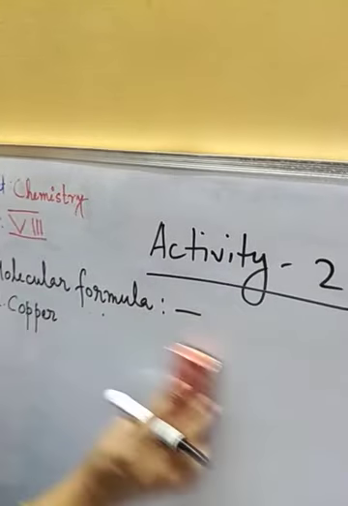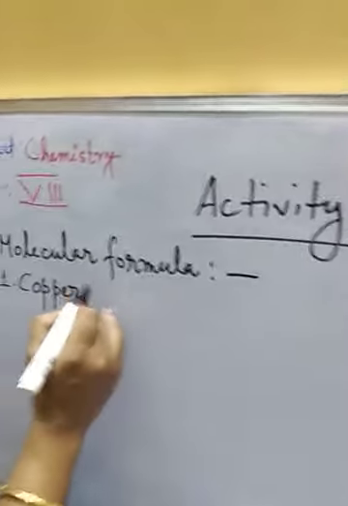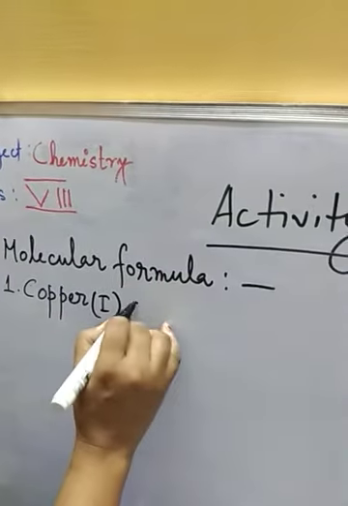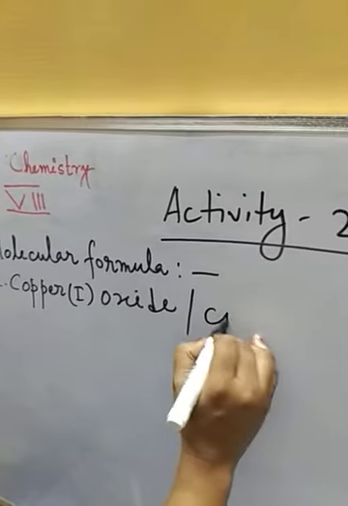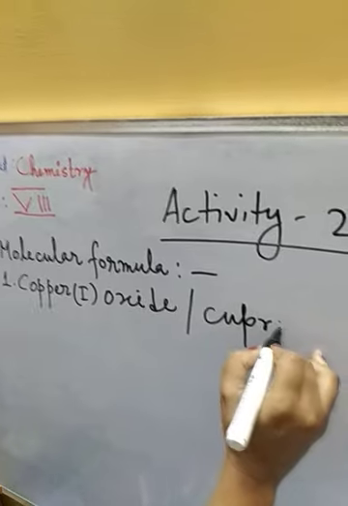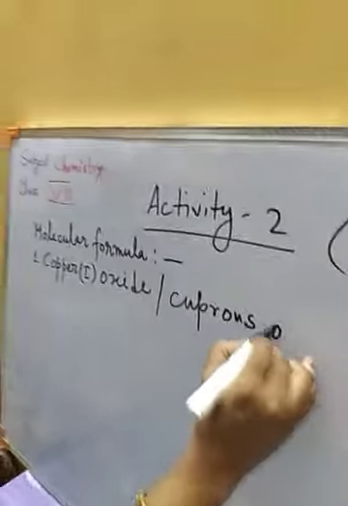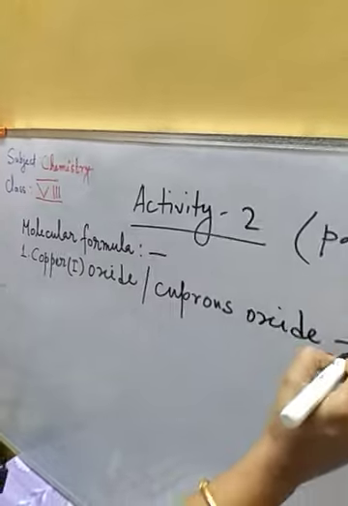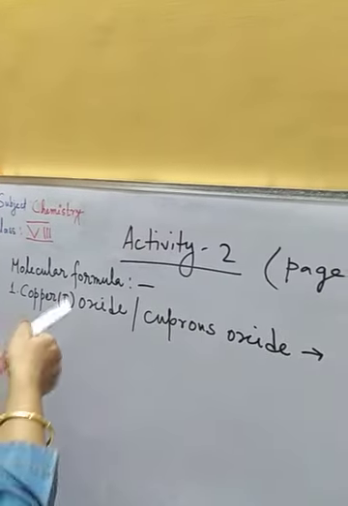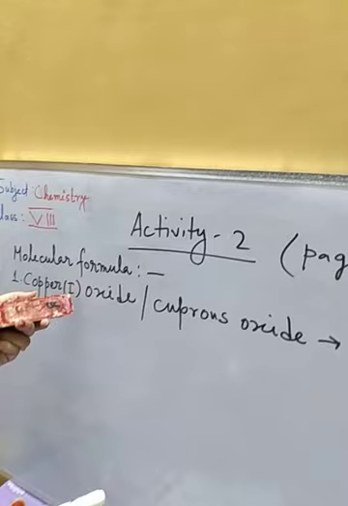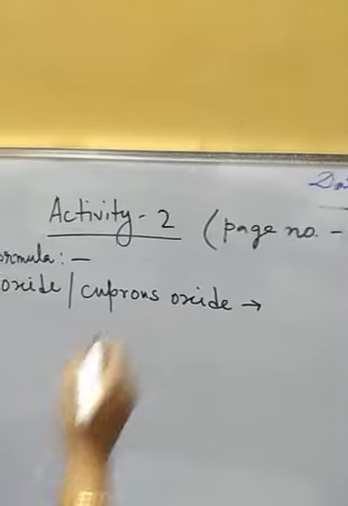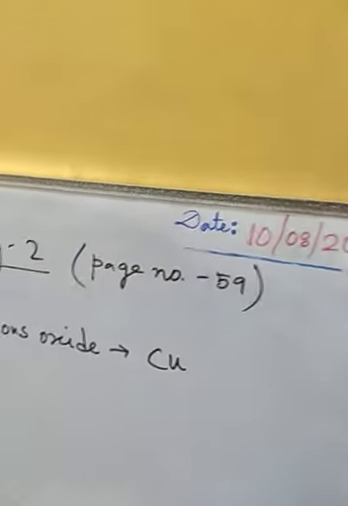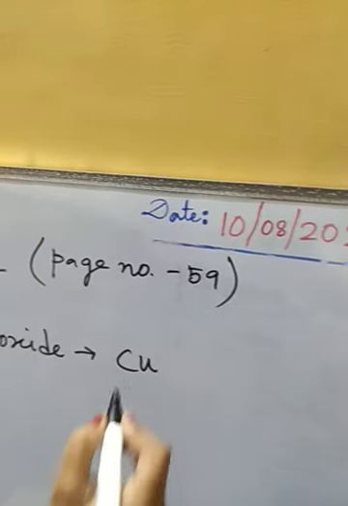If we write copper 1 oxide, that is cuprous oxide, as this is the lowest valency. Copper's valency is 1 here and oxygen's valency is 2.